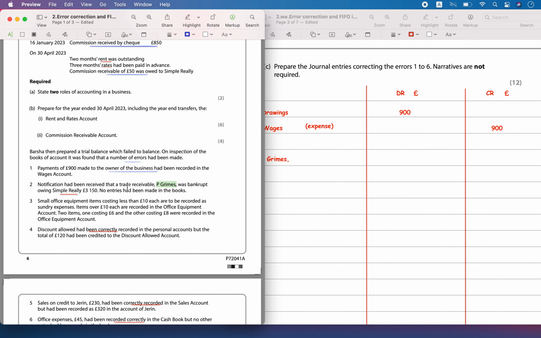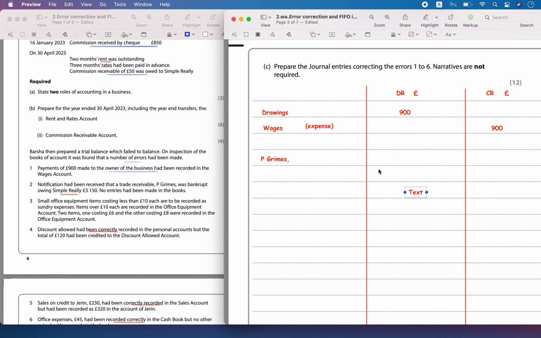The other account is going to be irrecoverable debts, because that's the double entry for not receiving the amount when it goes bankrupt. Irrecoverable debt account is an expense account. So to include anything, we have to include 3,150 on the debit side.